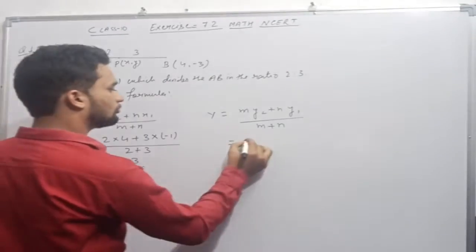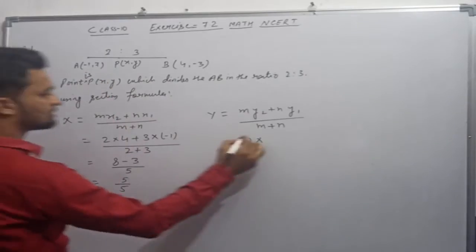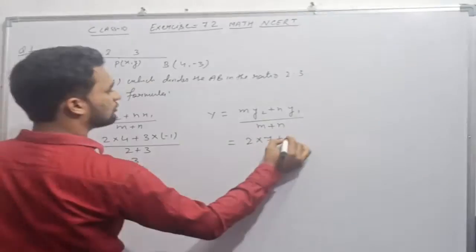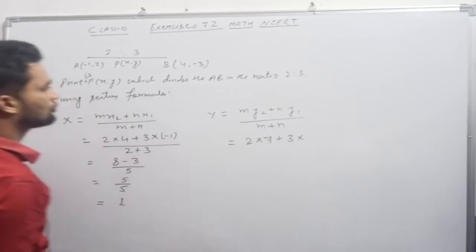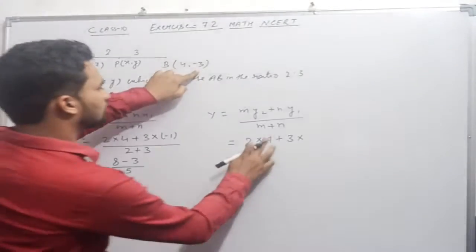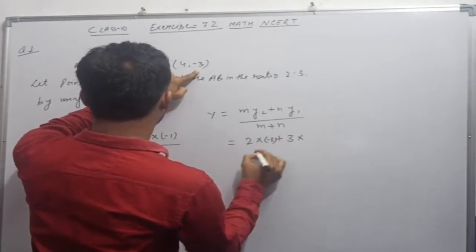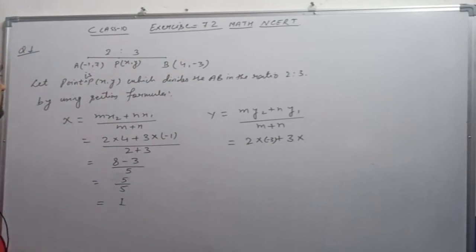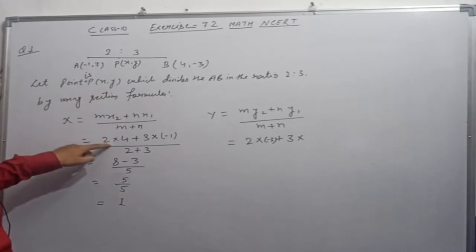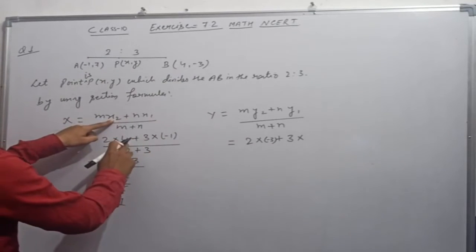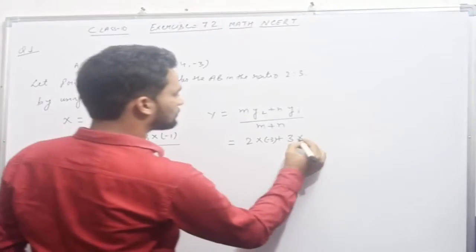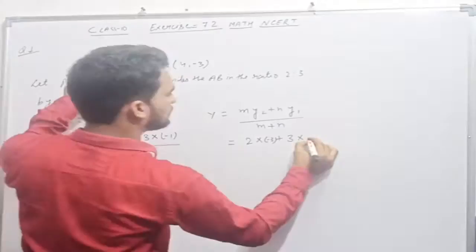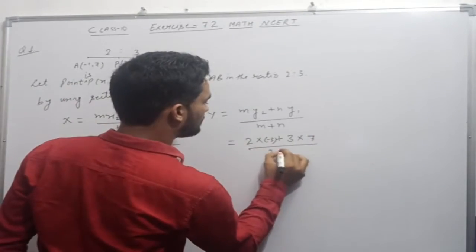Again the value of m is 2, the value of y2 is minus 3, plus n, the value of n is 3, into y1, that is 7, upon, as usual, 2 plus 3.